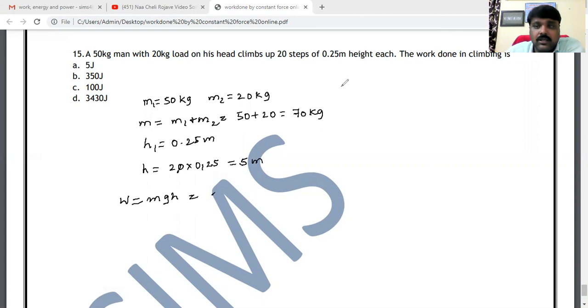M, we have 70, and g, he did not mention. Let us take it as 9.8, into h, which is 5.